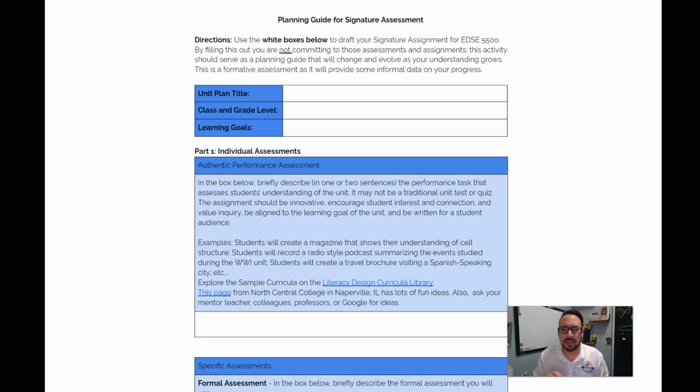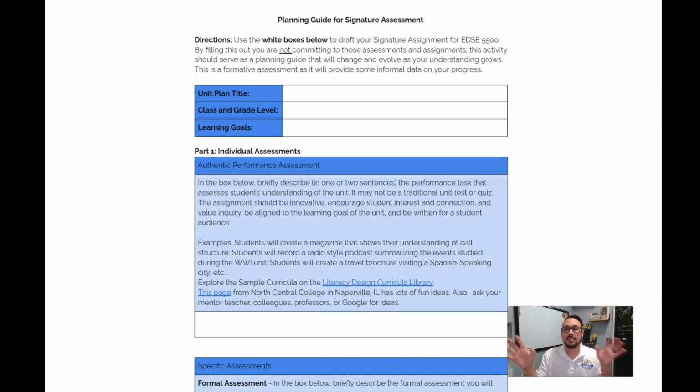Okay. So I think the due date I gave you for this document itself is right before class next week. All right. So this is nothing giant. If you look at the directions, it tells you to write down in 1 or 2 sentences a description of each of these things. So what you're going to be doing is planning your signature assignment, or showing me the blueprint for your signature assignment.